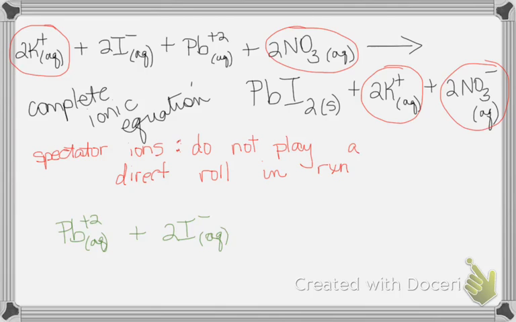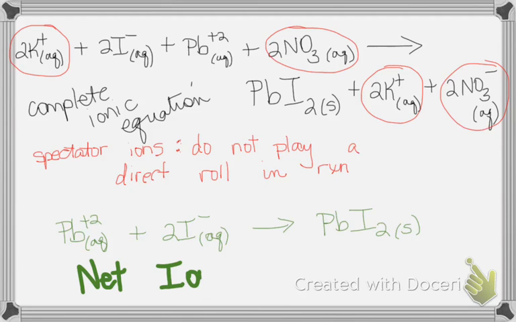And then the only thing left on the product side of the equation is PbI2. And that is called a net ionic equation. So all this is one problem, right? Yes, we've just steadily been adding to it.